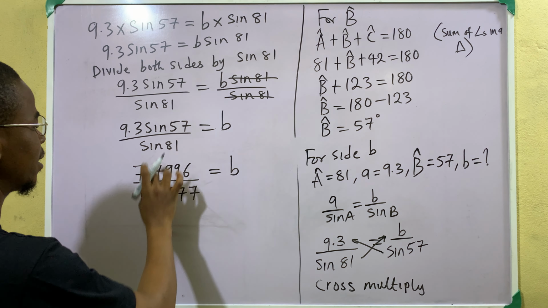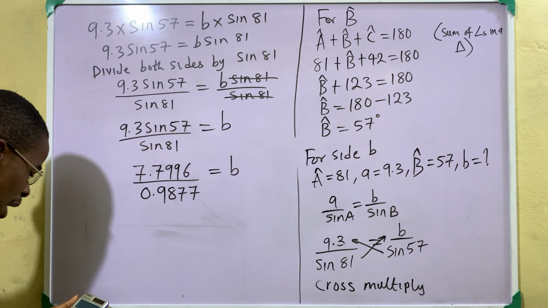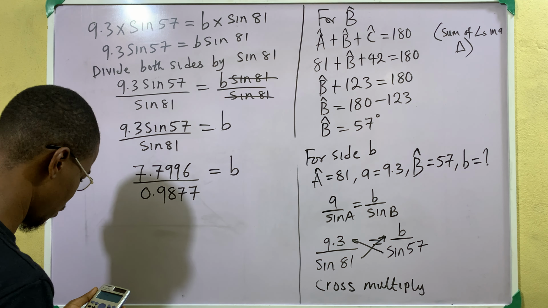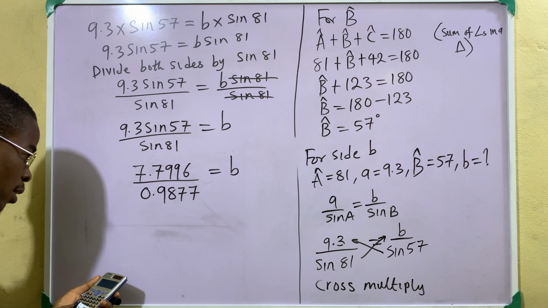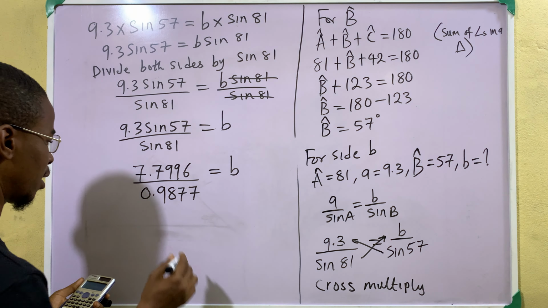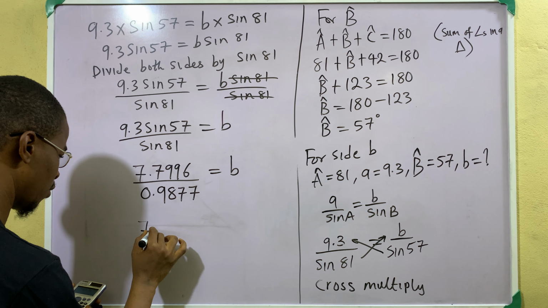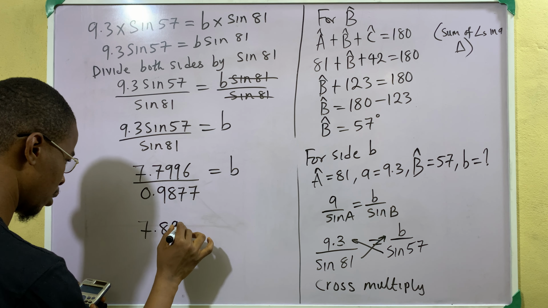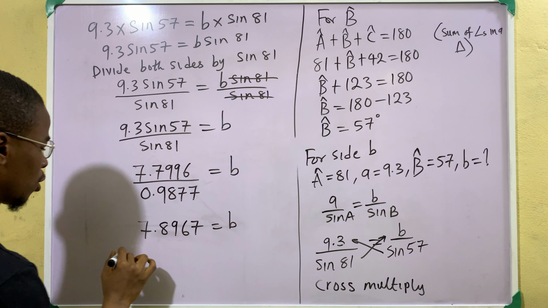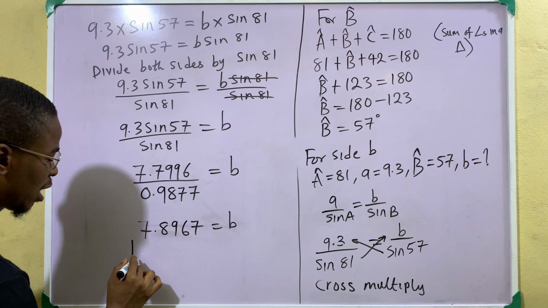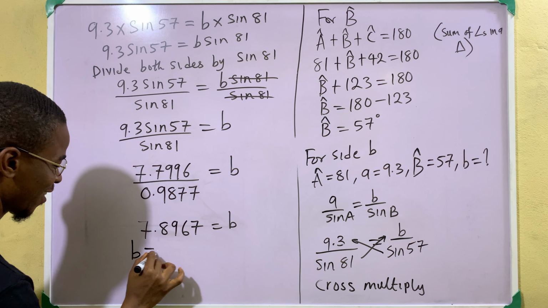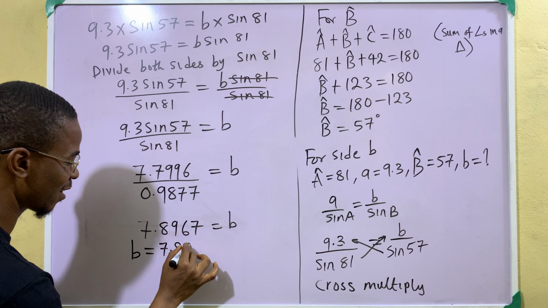So we can divide this. We have 7.7996 divided by 0.9877. And our answer is 7.8967 equal to b. Yes, so this is 7.8967.